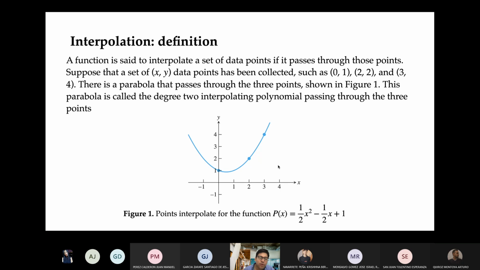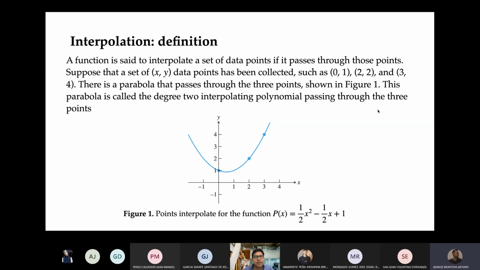If you have 4 points, you will have a third degree polynomial. If you have 5 points, you're going to have a 4th degree polynomial. If you have 6 points, you're going to have a 5th degree polynomial. So is that clear?